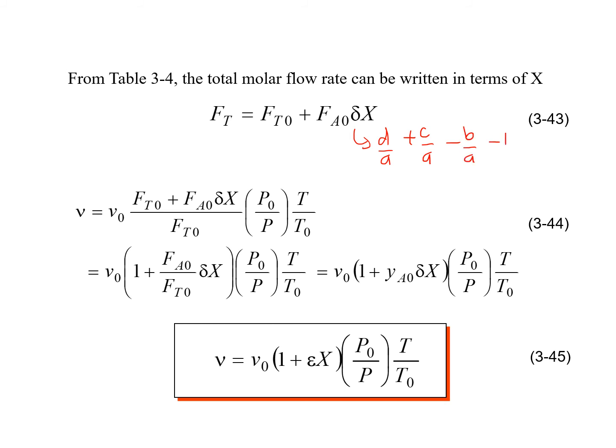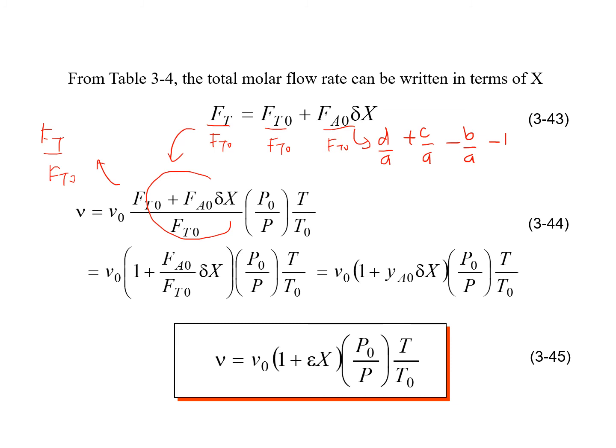So we expand the equation. This one is actually referring to F_T over F_T0. How do we get this? By dividing all of equation 3-43 by F_T0. So you divide this one, this one, and this one.